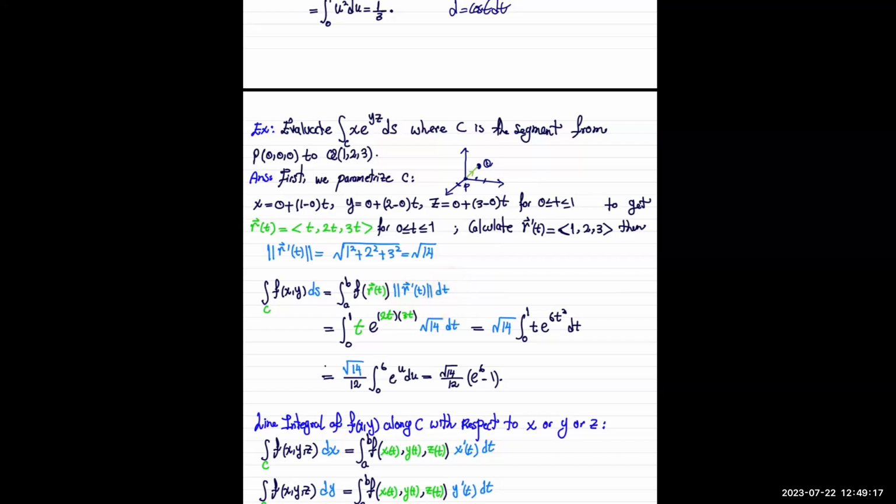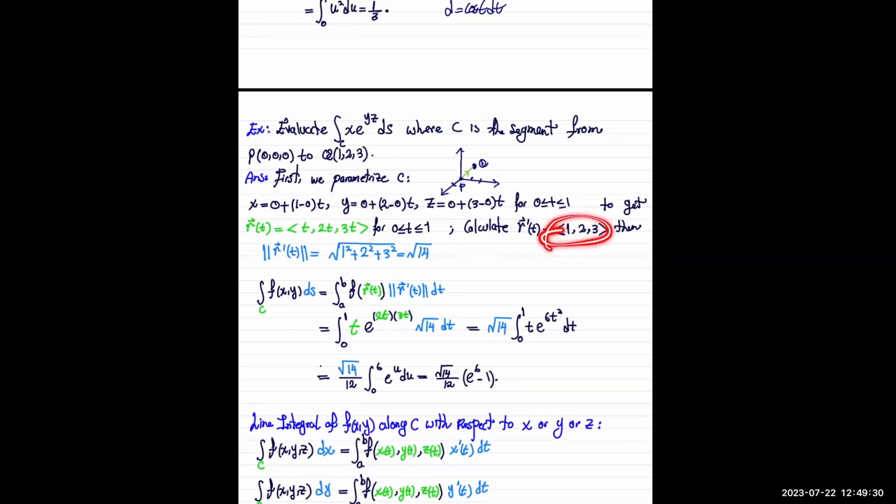So what you need to do next is take the derivative of r. The derivative of r is r prime, which is the vector <1, 2, 3>. This is your dx/dt, dy/dt, and dz/dt.